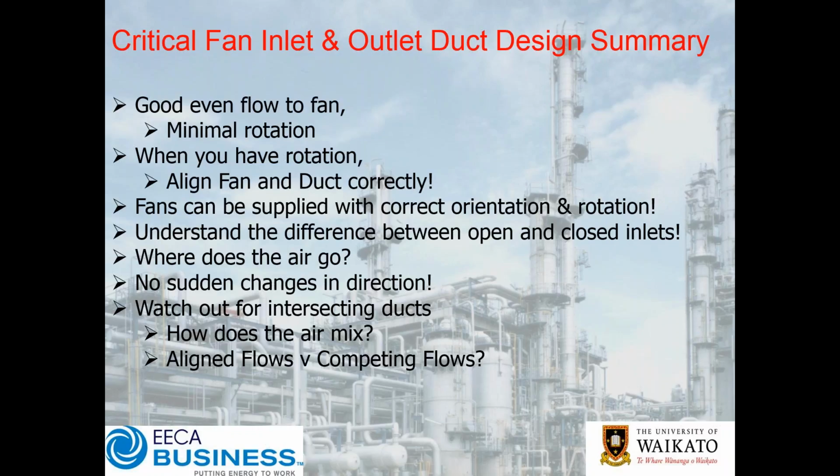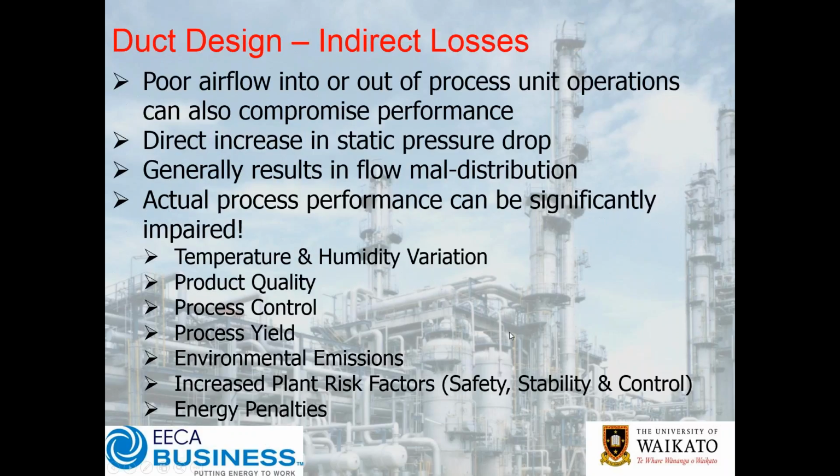Understand the difference between open and closed inlets. Where does the air go? Visualize how the air is going to make bends in the duct, how it's going to transition. Understand that air isn't going to make a sudden change in direction unless it's going incredibly slowly. You want to watch out for intersecting ducts. Think about how the air is going to mix. Look at aligning flows as opposed to competing head-on.